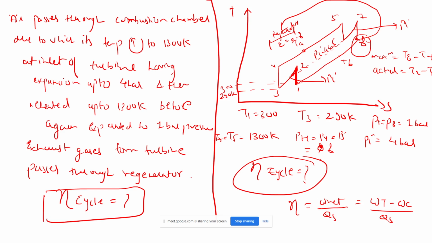So other than the ideal case, we cannot use this formula.